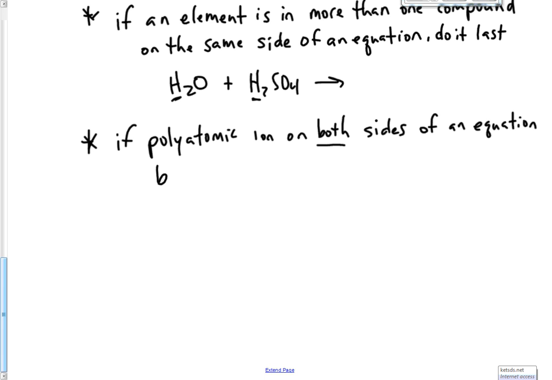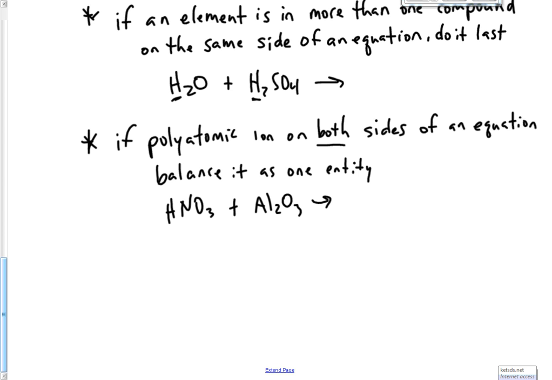You can balance it as one entity. Let's say you have nitrate on one side, some form of nitrate, it doesn't matter, we can make nitric acid, I guess, plus aluminum oxide, and then that yields aluminum nitrate, and I don't know, we'll call it water.